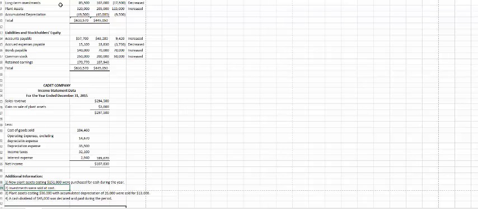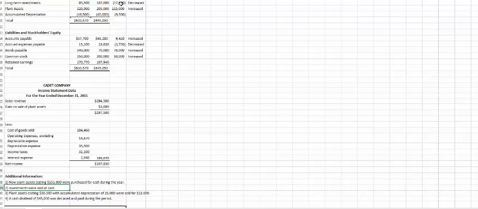So if you go back up here to the long-term investments, it went from 107 down to 89,500, a decrease of 17,500. Therefore, that means that this 17,500 historical amount of what those were bought for is exactly what we turned around and sold them for.